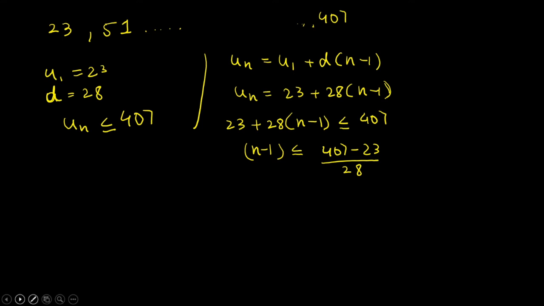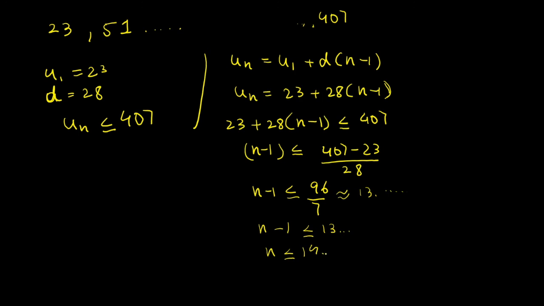This basically gives us n minus 1 is less than or equal to 96 by 7, right? So this is 13 point something, we don't know. So n minus 1 is less than or equal to 13 point something, and so n is less than or equal to 14 point some value, and that goes on, right?